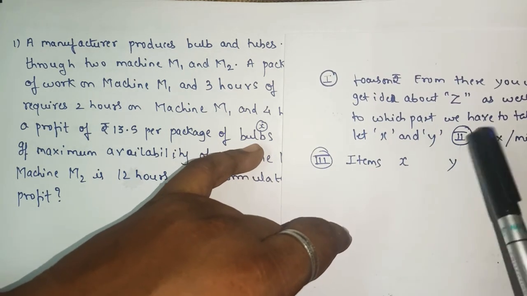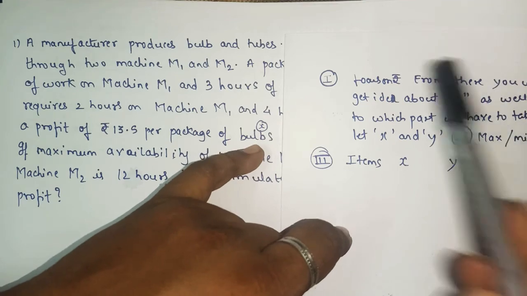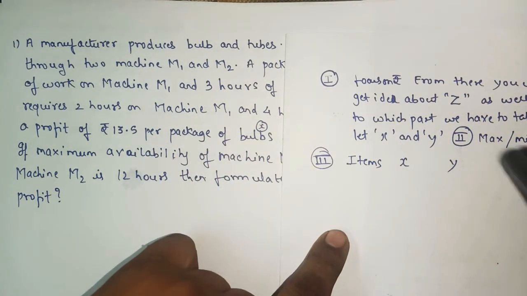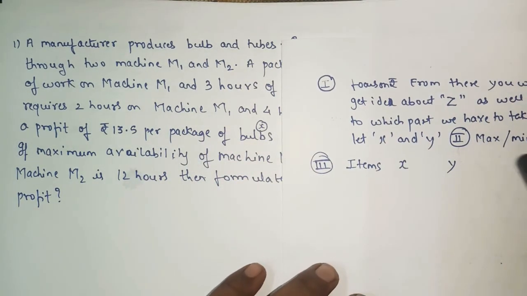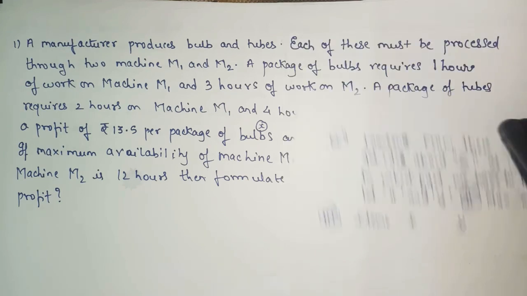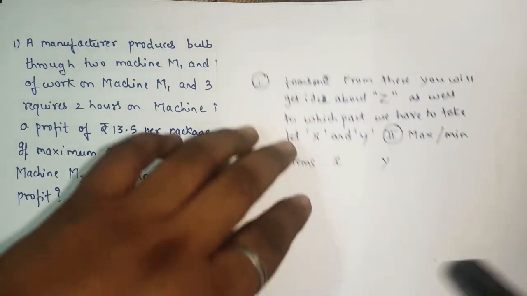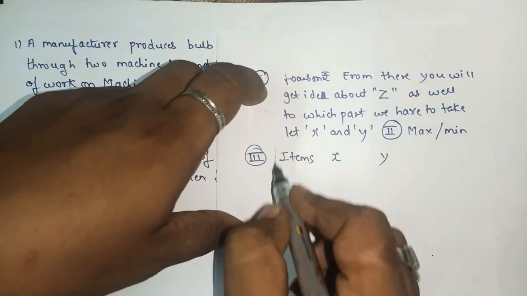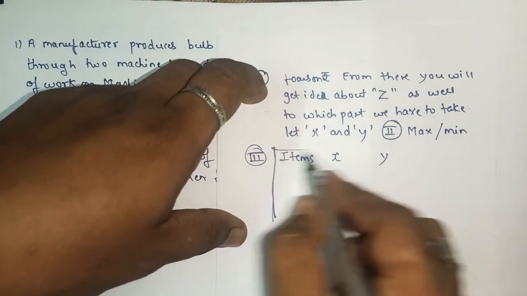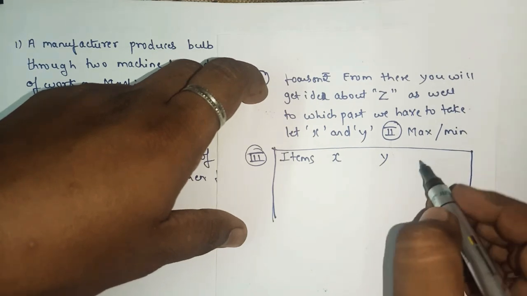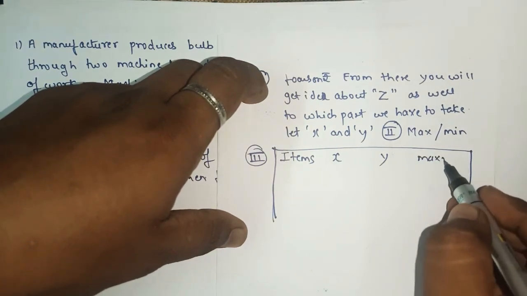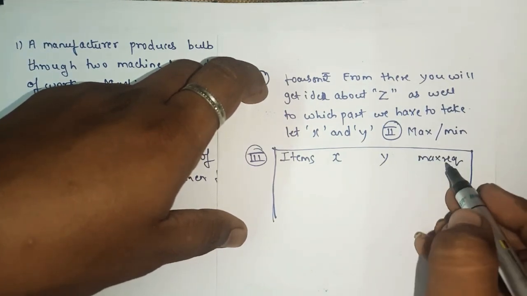The second step is to check whether the given question is based on maximum requirement or minimum requirement. This first question is based on maximum requirement. So when you prepare the table, you will write maximum requirement. Maximum means what?